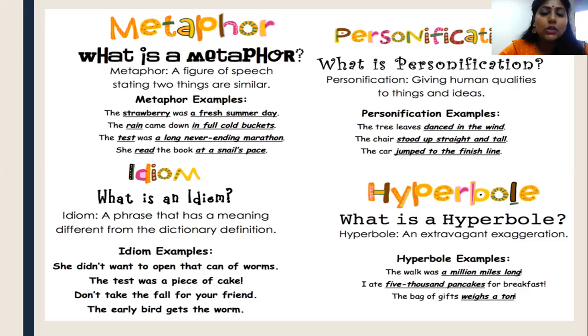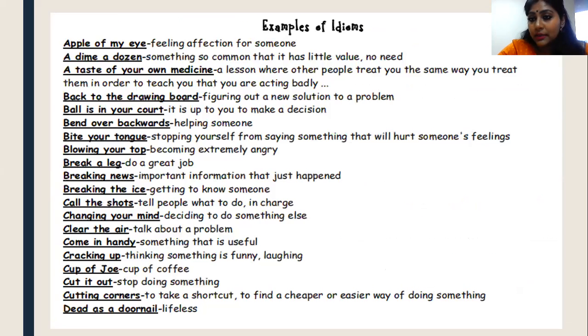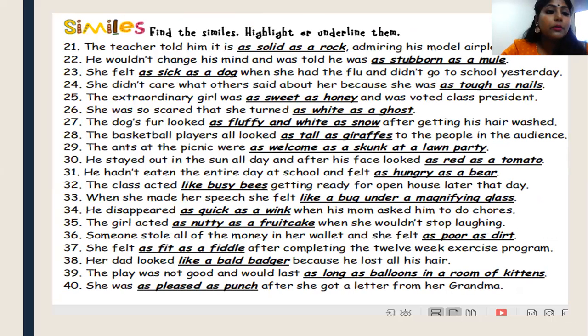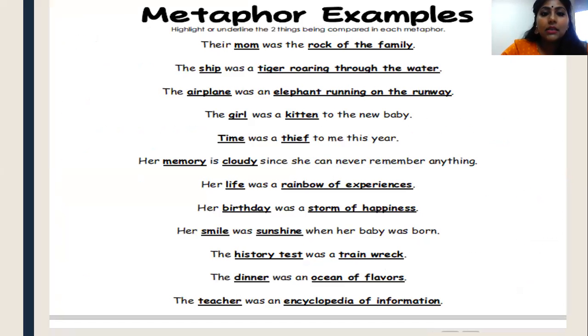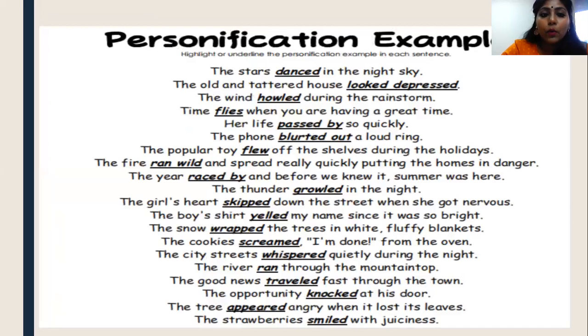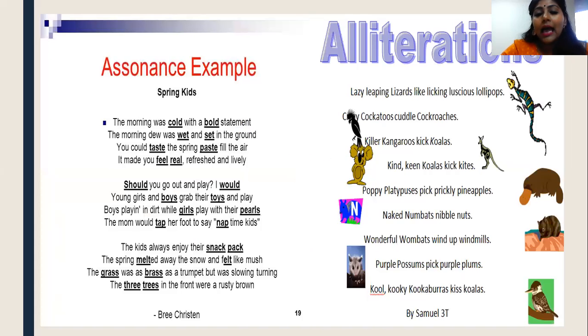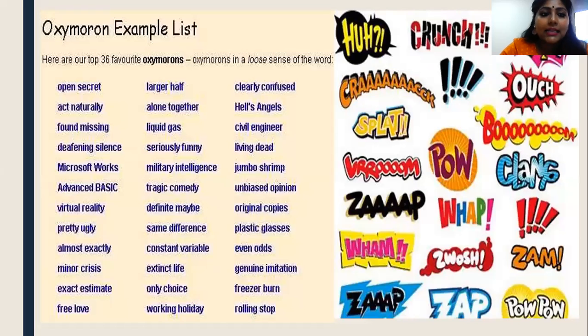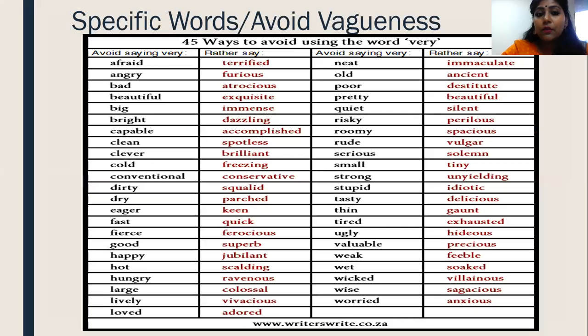Therefore, personification will definitely add flavor to your descriptive writing. So you can definitely use idiom, hyperbole, juxtaposition. You can use oxymoron and other figurative language. And I have shared examples of idioms here. There are so many idioms here. And then I have examples of similes, and then examples of metaphor, hyperbole, personification, and examples of assonance, alliteration, and these are examples of oxymoron.